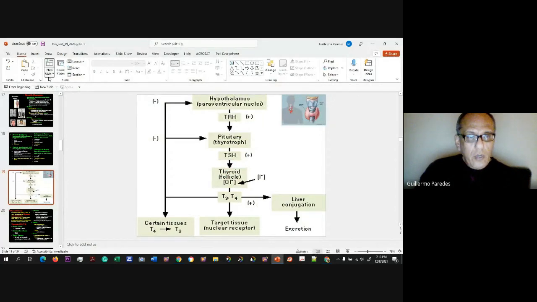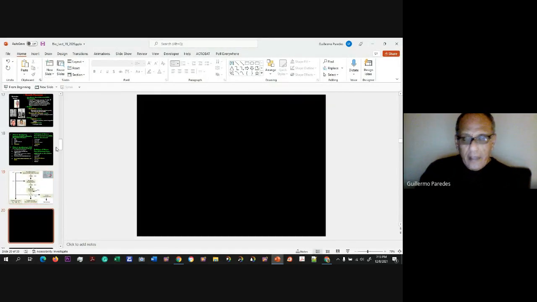We need to remember a few things before that. Okay. I'm going to try to write down something small and nice in order to be clear. All right. So here we have the hypothalamus. The hypothalamus is going to be the big gossiper.